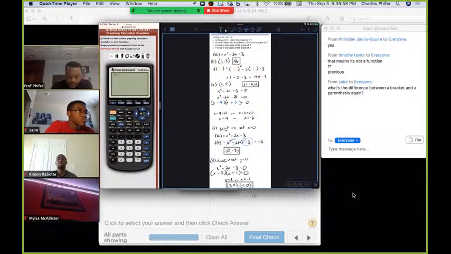So again, when x was 1, we got an answer of -4, which is not -3, so we confirmed that one. For B, we said when x was -2 or when x was 4, we got 5. So if we plug in -2, we should get 5. If we type in -2, we should get 5. And if we type in 4, we should get 5.